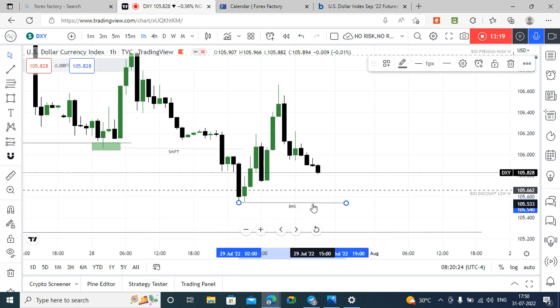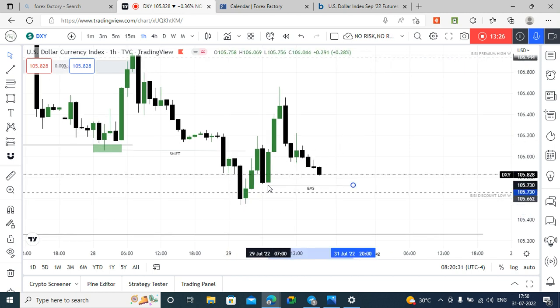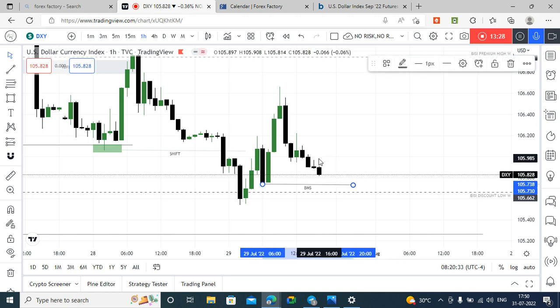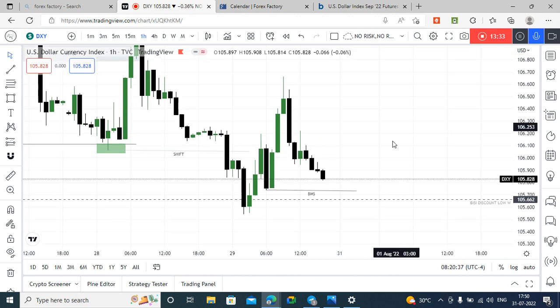Okay, after price creates a break of market structure, we can expect price, that is the algorithm, will revisit this level with the body of a candle.